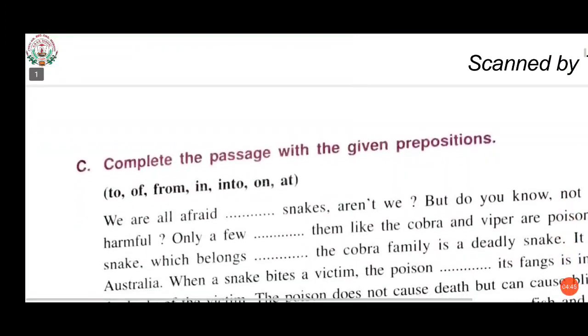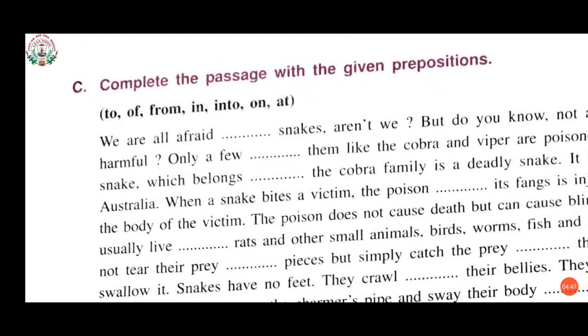Now come to C1. Again, complete the passage with the given prepositions. It means students, you have to use all these words given in the options for completing this passage. So what is the first one? We are all afraid, what can you say? We are all afraid of snakes. Why are you using of here?